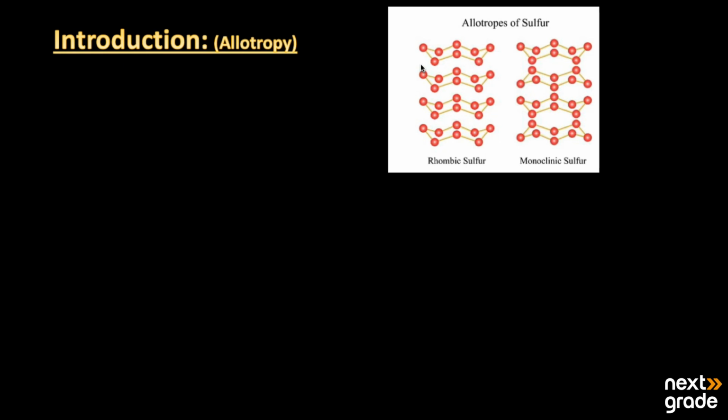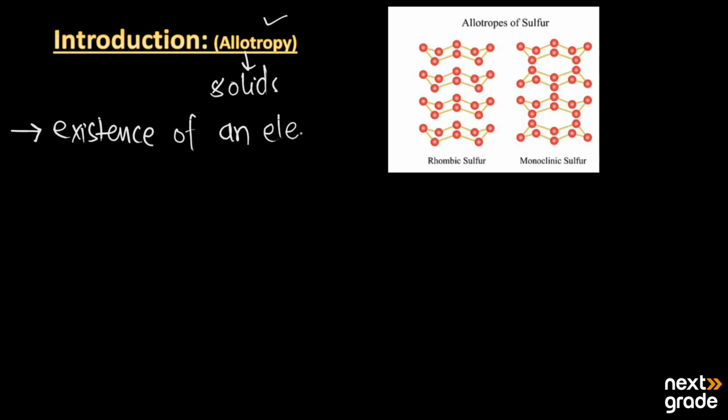In our today's topic, we will discuss allotropy. Mainly, allotropy is the property of solids. When we talk about solids, by definition, allotropy is the existence of an element in more than one crystalline form.